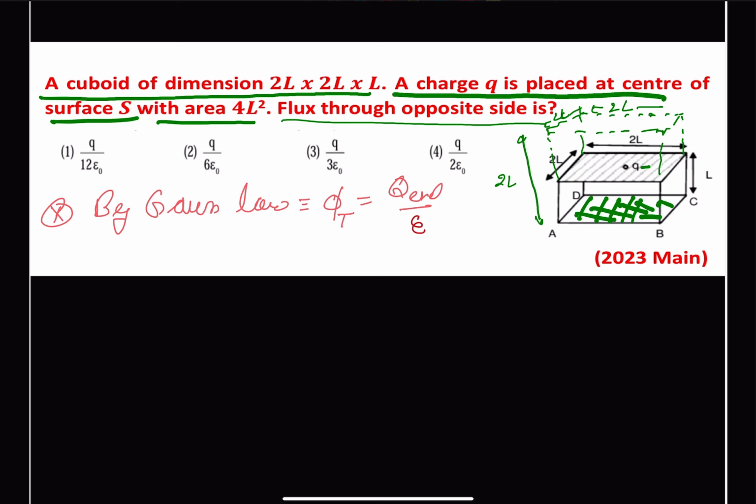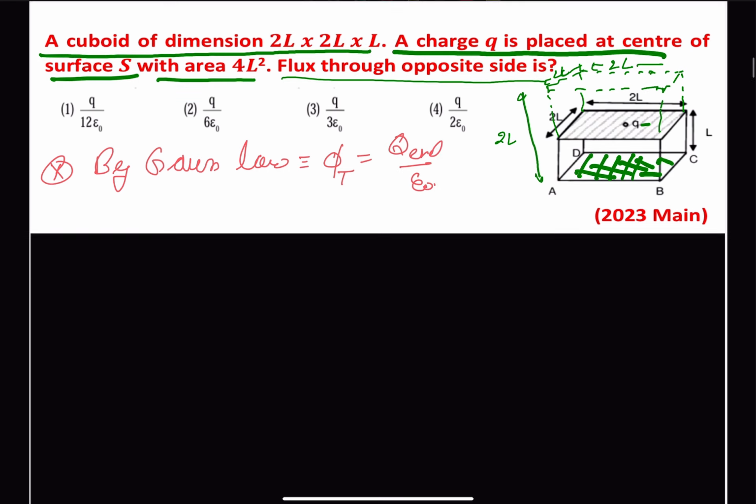The charge enclosed is Q. Therefore the flux associated with this entire setup will be equal to Q upon epsilon naught. And from the figure we can see that this entire setup is now in the shape of a cube, because every dimension is 2L by 2L by 2L.